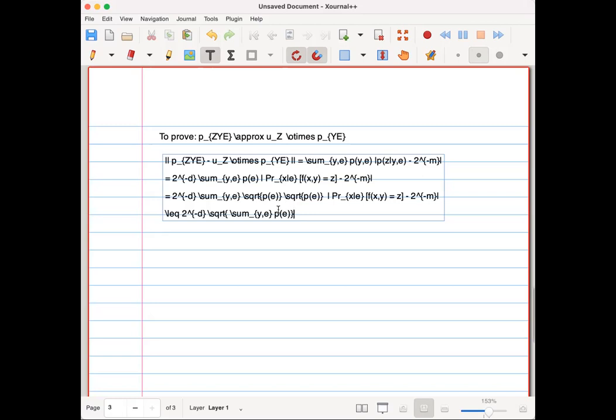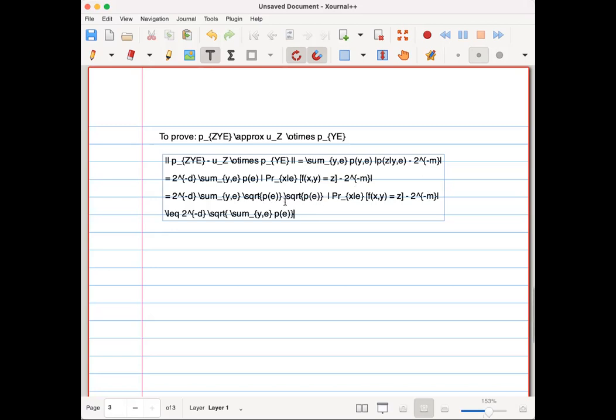So what are the two vectors here? The vector is indexed by y comma e. The first vector is the vector whose y comma e-th entry contains square root p. The second vector is a vector whose y comma e-th entry contains square root p times the quantity in the absolute value.